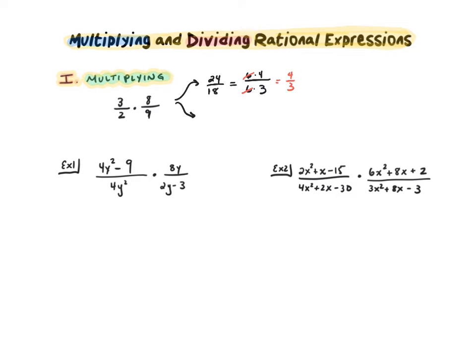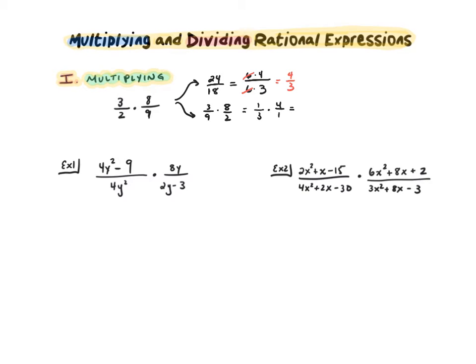Or what I can do is think about how this is all one big numerator and one big denominator. So I could really think of it as 3 ninths times 8 halves and simplify it that way. Like 3 ninths is 1/3 and 8 halves is 4.